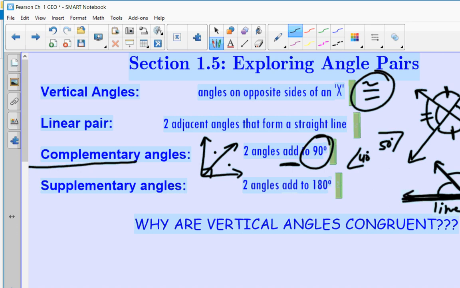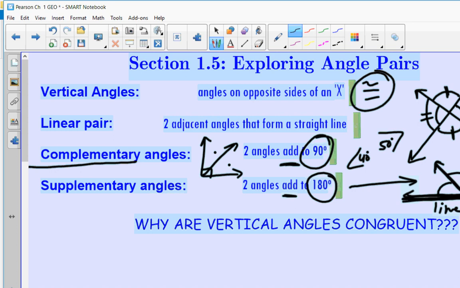Supplementary angles, kind of the same thing. Two angles that add to 180 degrees this time. Okay, so here's an example. The linear pair that I talked about, there's two angles together, they add up to 180 degrees. They are supplementary.